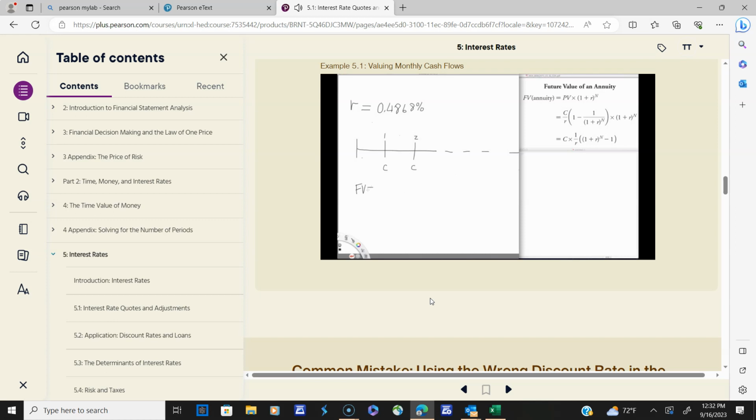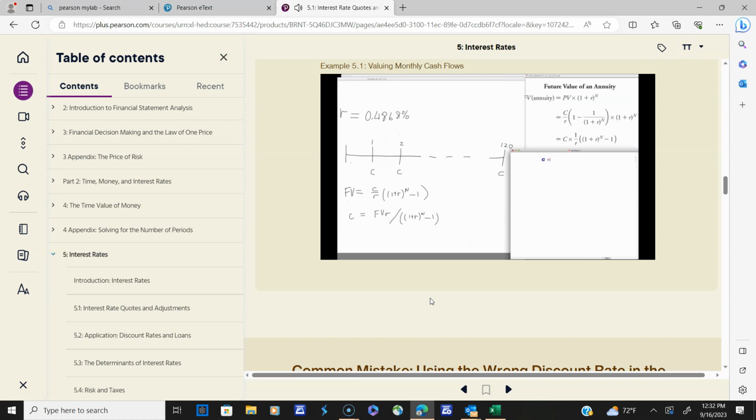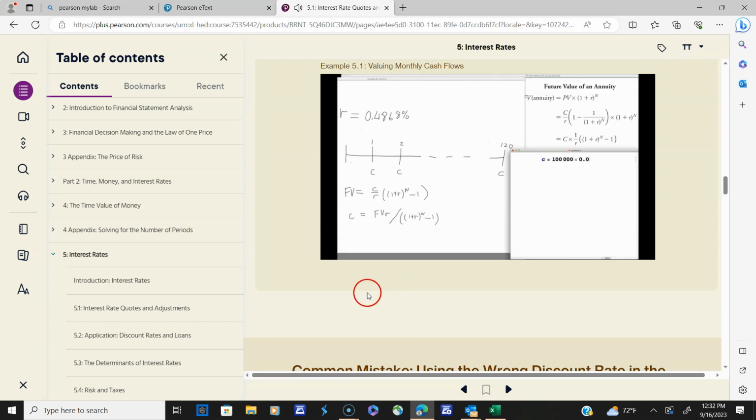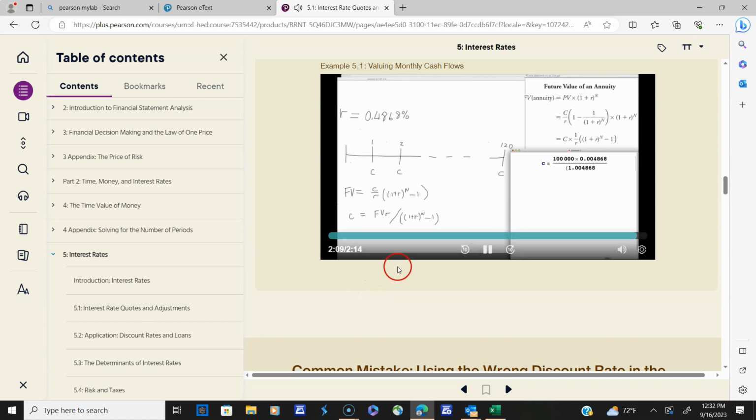Taking this formula, we rearrange terms so we can solve for the cash flow in terms of the future value. We can now use this formula to solve for the monthly payment, which turns out to be $615.47 per month.